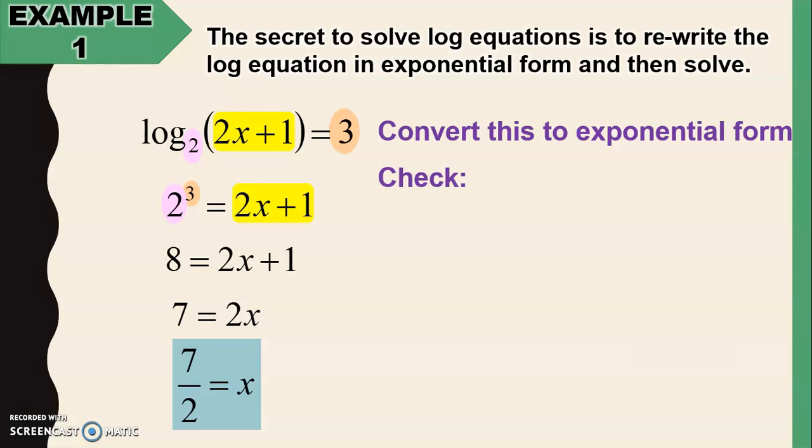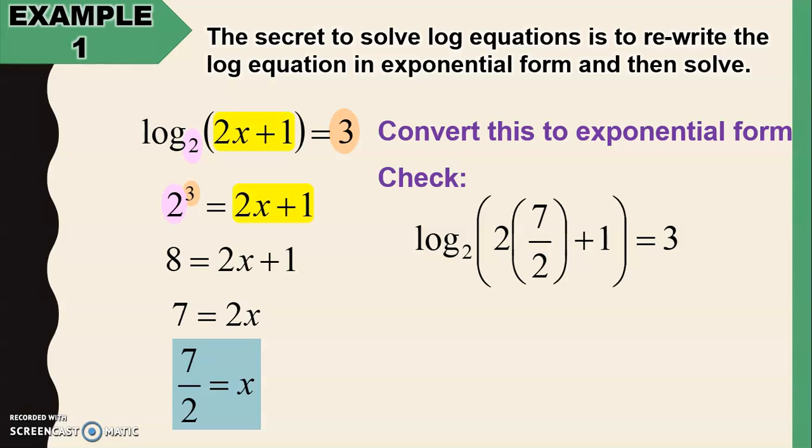Class, don't forget to check your answer. Just substitute the value of x to the given logarithmic form. So we have log of 2 times the value of x, which is 7 over 2, plus 1 to the base of 2 equals 3. Then let's evaluate. 2 times 7 halves plus 1 is 8.